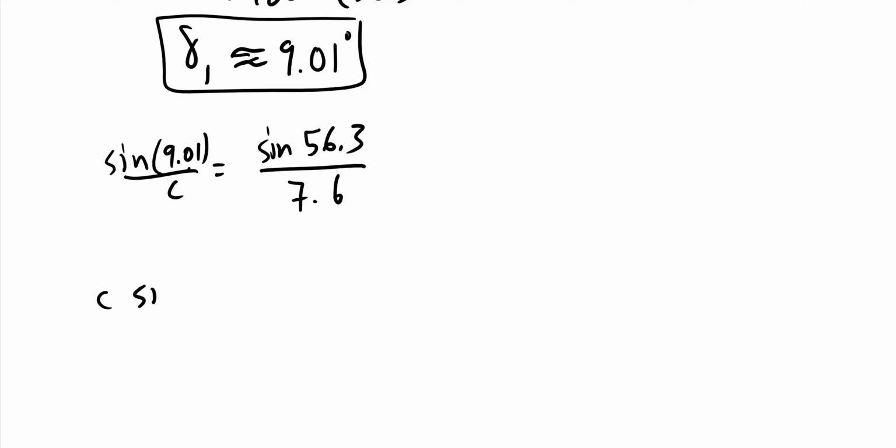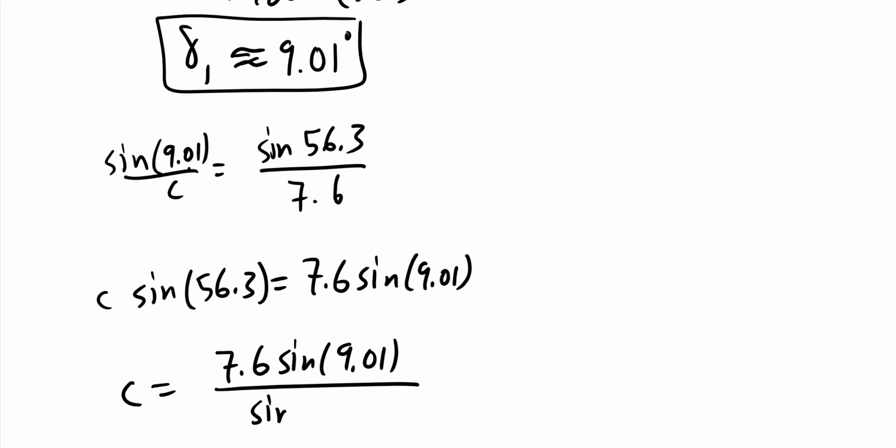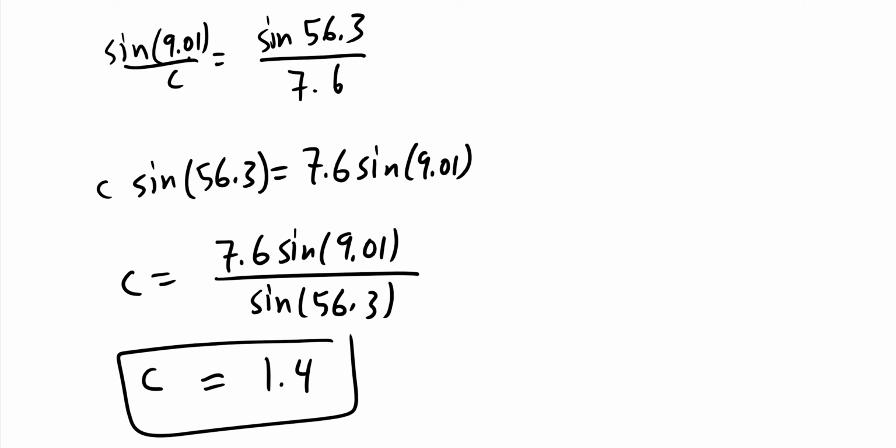So C sine 56.3 equals 7.6 sine 9.01. C is 7.6 sine 9.01 divided by sine 56.3. So C is about 1.4. So I solved for the first triangle.